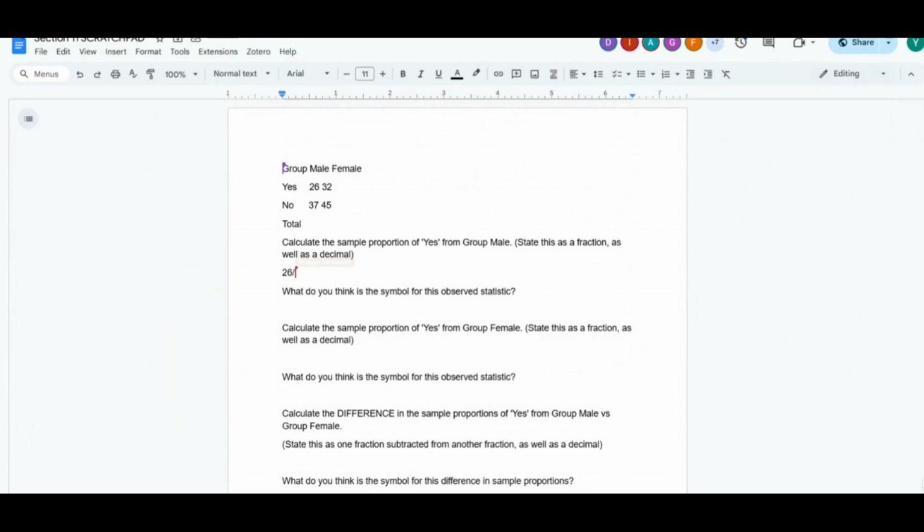You can fill in the totals first, that will help. You just total it so you know how many males there were and how many females there were. That will help. Good.